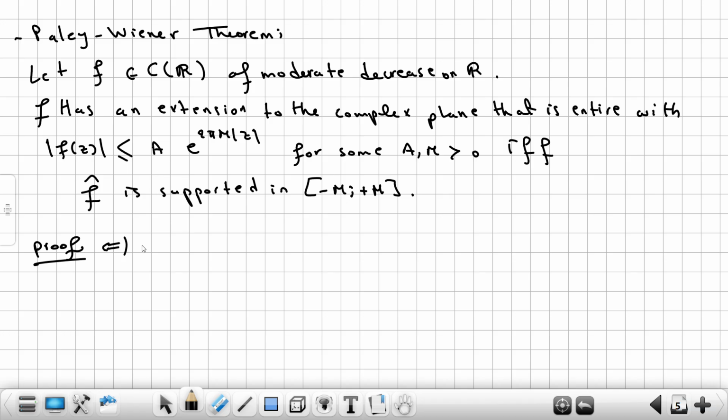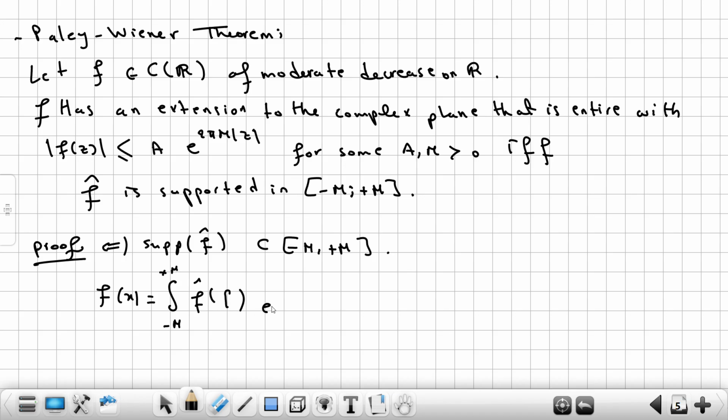So suppose that f hat is supported in minus M, M. Now consider the following integral. Now f of x is equal to the integral from minus M to plus M of f hat of psi e to the power 2 pi i x psi d psi. This is the Fourier inversion formula, as we said.